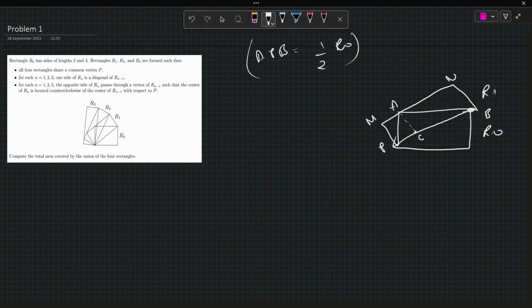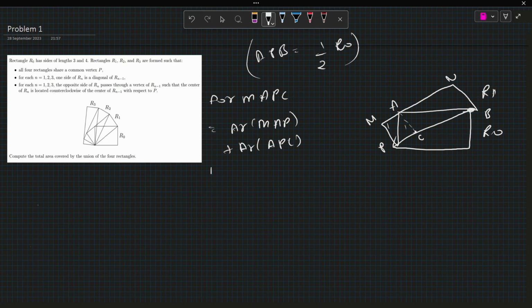And we can also see that the R1 rectangle is divided into two parts, which are MAPC and NACB. So for rectangle MAPC, its area should be equal to the sum of these two triangles, area of MAP plus area of APC.